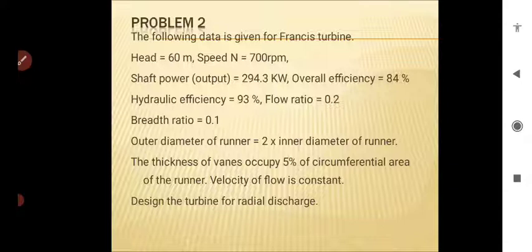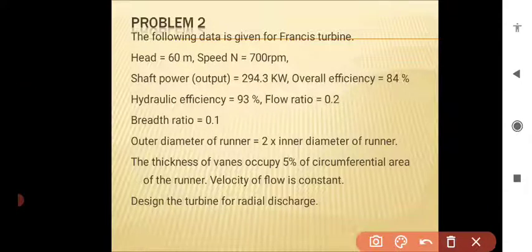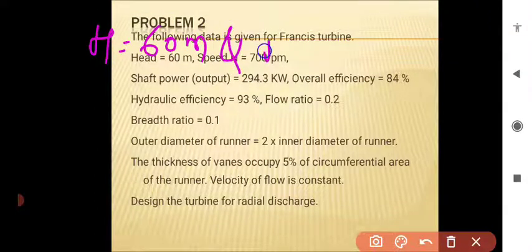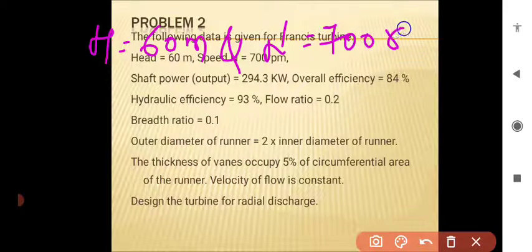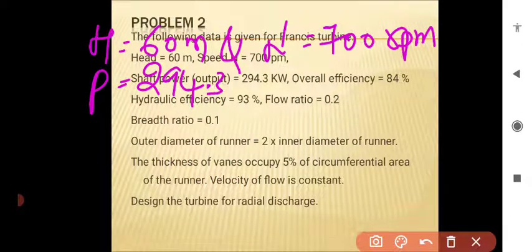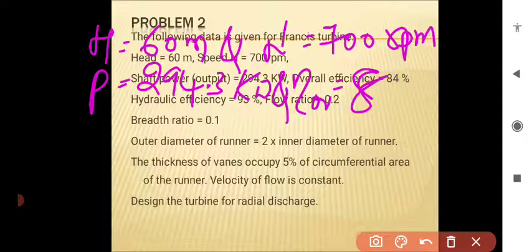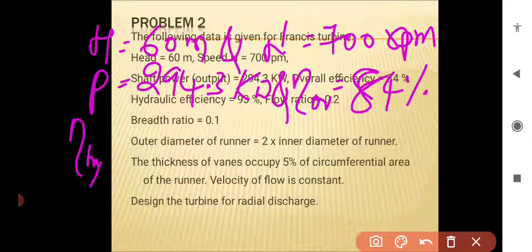Capital H is equal to 60 meter, speed N is equal to 700 rpm, shaft power P is equal to 294.3 kilowatt, and overall efficiency is equal to 84 percent. Hydraulic efficiency is 93 percent.